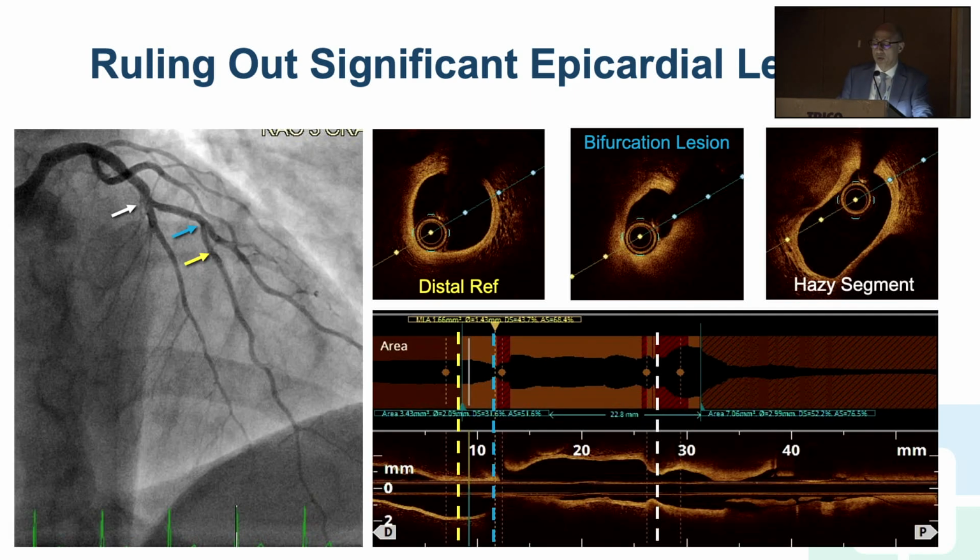The distal reference where the yellow arrow is, there really isn't that much plaque. But where the blue arrow is, there is a bifurcation lesion. That's a tight lesion with a minimal lumen area of 3 that's hidden by this bifurcation. And if you look at that hazy segment, there is a shelf of calcium, or as we learned from Dr. Patel and Dr. Akasaka in the last few days, nodular calcium.